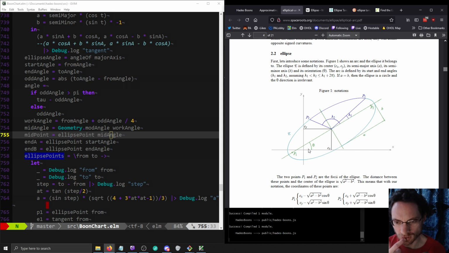This is a rotated ellipse. Ellipse E, defined by its center, its semi-major axis A, semi-minor axis B, orientation angle. Arc is defined by its start and end angles. For A and B, the circle and the direction is irrelevant.